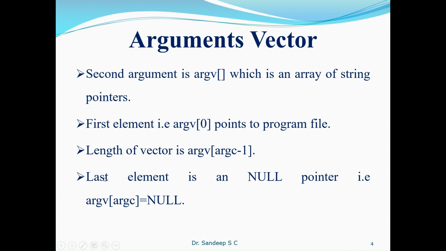And the last element of argv, that is argv[argc], points to a null pointer. That means it doesn't point anywhere. When we say a null pointer, it does not point anywhere.